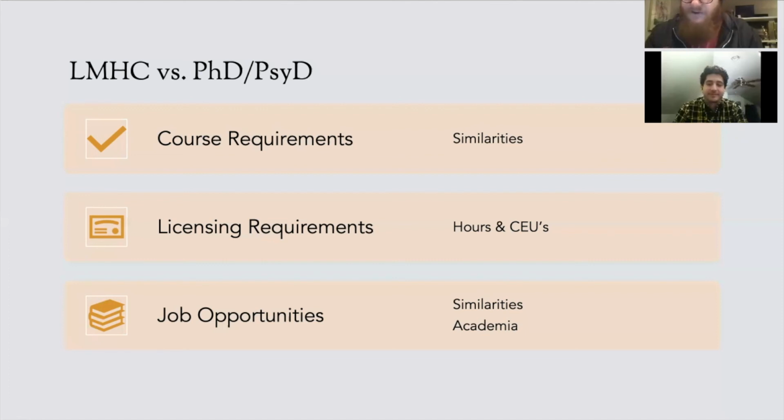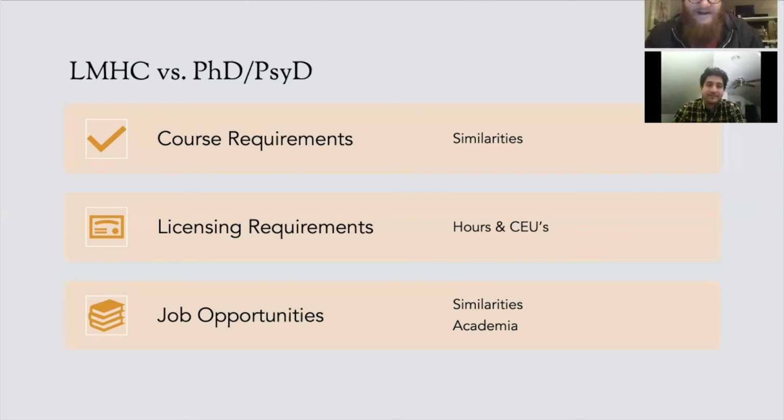In terms of licensing requirements, the hours were in the range, pretty close. The hours expected for post-licensure in the PhD and PsyD postgrad were very similar in terms of the amount of hours to the LMHC, and the CEUs were exactly the same. Was it 20 or 30? Either way, the CEU expectations are very close for the LMHC and the PhD and PsyD.